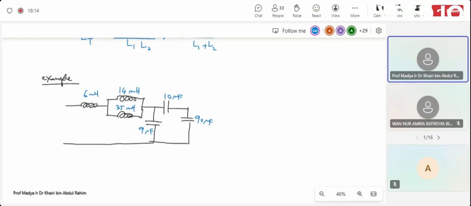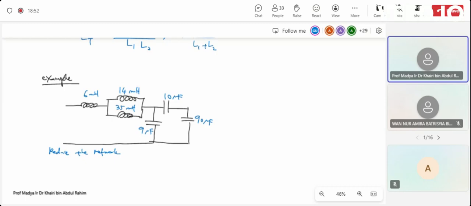We need to simplify this case. So the question is, reduce the network. How do we do this? Again, don't get confused, it's easy actually.